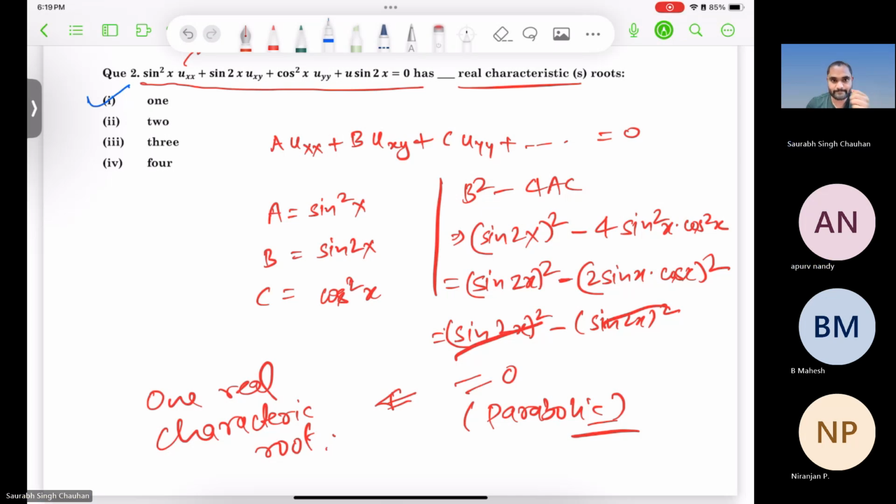And what do these characteristic roots or characteristic curves mean? Do you have any idea? Has this been discussed in the lectures? Many times you are encountering these terms: elliptic, parabolic, hyperbolic.